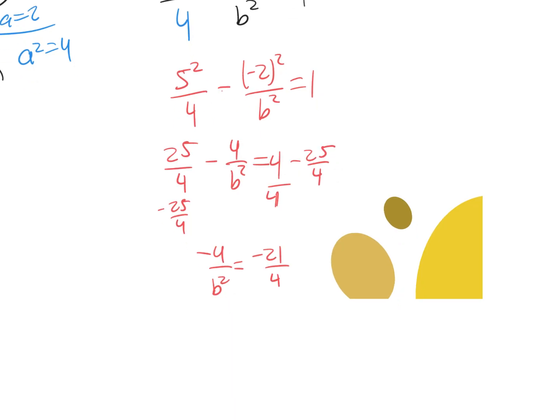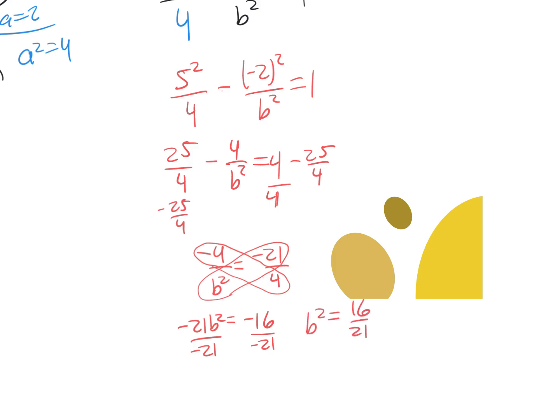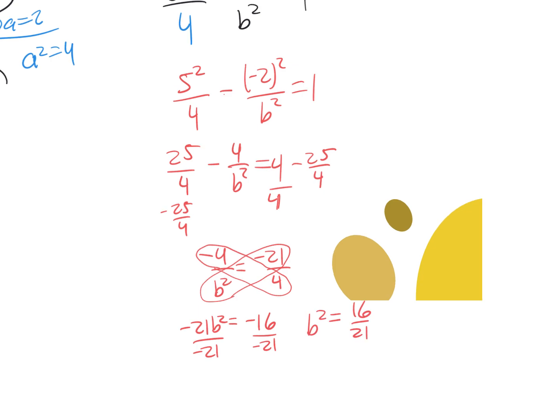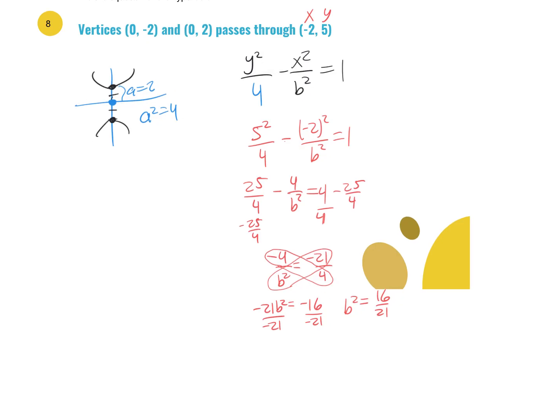And then you can cross multiply, like how you would do in Algebra 1. And then we get -21b squared equals -16. And then all you have to do is divide both sides by -21, and we get b squared is 16 over 21. All right, I don't need to square root both sides and rationalize the denominator and all that, because that is exactly what we need in that formula.